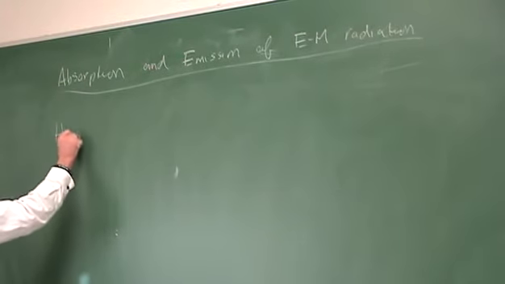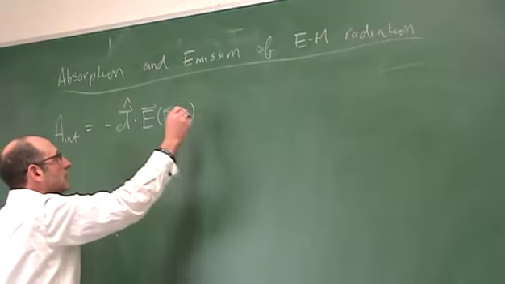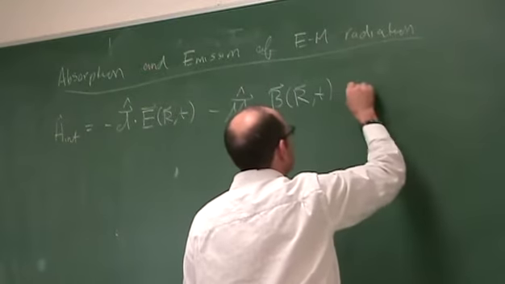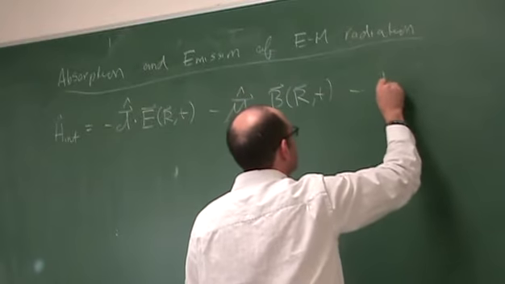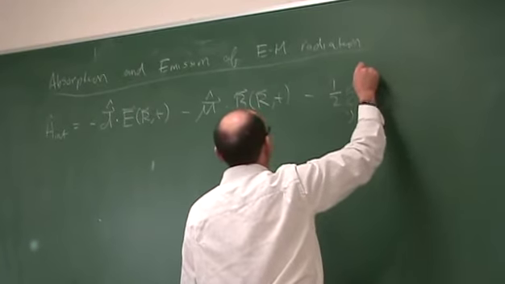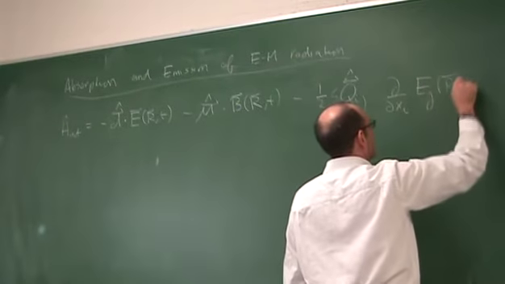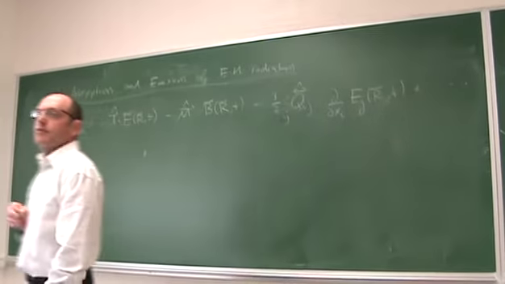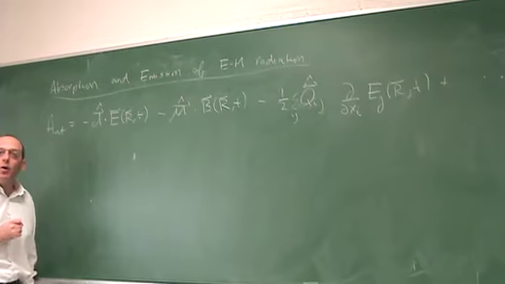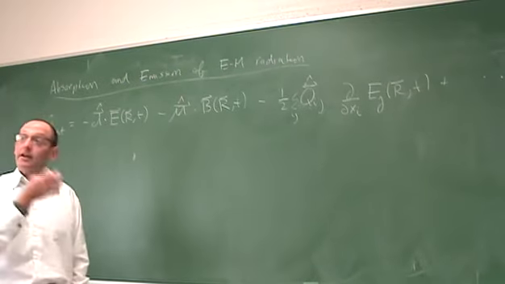So our interaction Hamiltonian in our multipole expansion was the interaction of the dipole moment of our atom with the electric field of our electromagnetic radiation at the center of mass position of the atom.